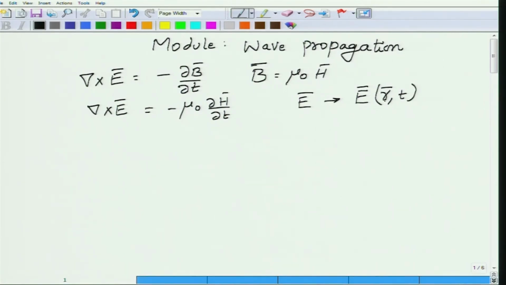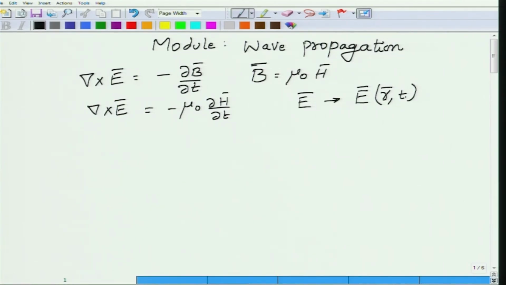This r, if you remember, is the position vector, that is the field point that we were considering. So at any point, r itself is a position vector, and the result is also a vector. So electric field is actually a time dependent vector field.